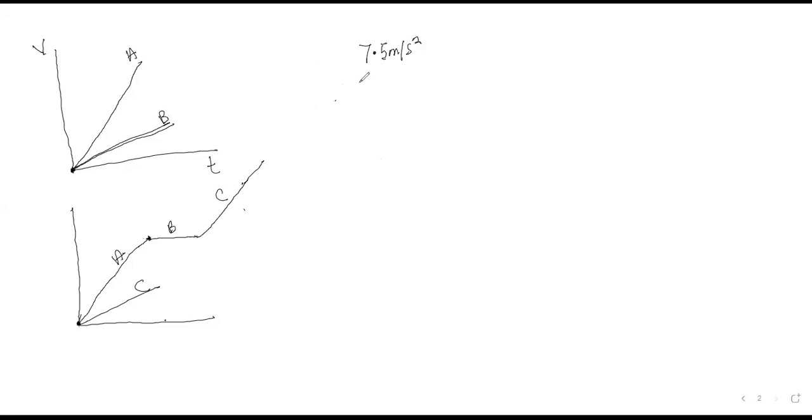We can calculate again the slope of the straight line between the time interval 3 to 5. So 25 minus 10 divided by a time interval of 2. So 15 on 2, giving us 7.5.